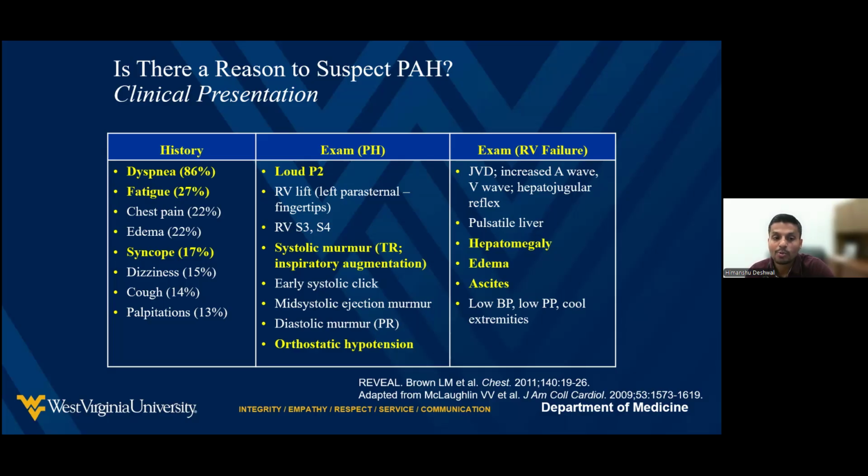So this may almost mimic as if somebody is dehydrated, but it's actually because the RV is so full that it's compressing the left ventricle. So orthostatic hypotension could be a sign of pulmonary hypertension if they have gross hypervolemia, like leg swelling and other things on exam. And then they might have hepatomegaly, elevated jugular venous distension, ascites, and edema, which can easily be misdiagnosed as cirrhosis, but is actually from chronic RV failure and congestion of organs downstream.